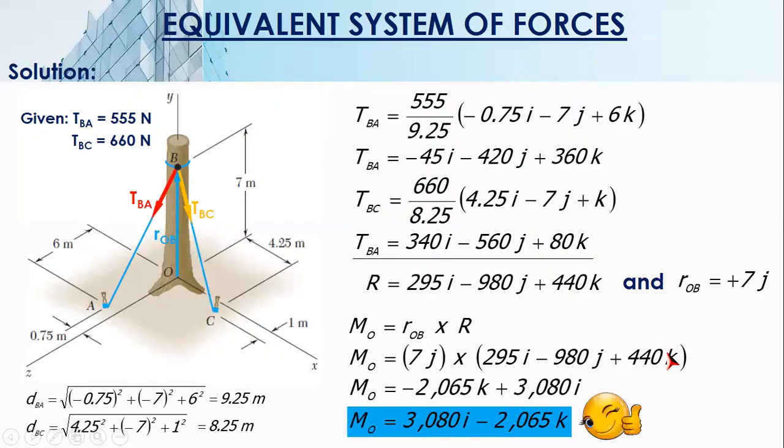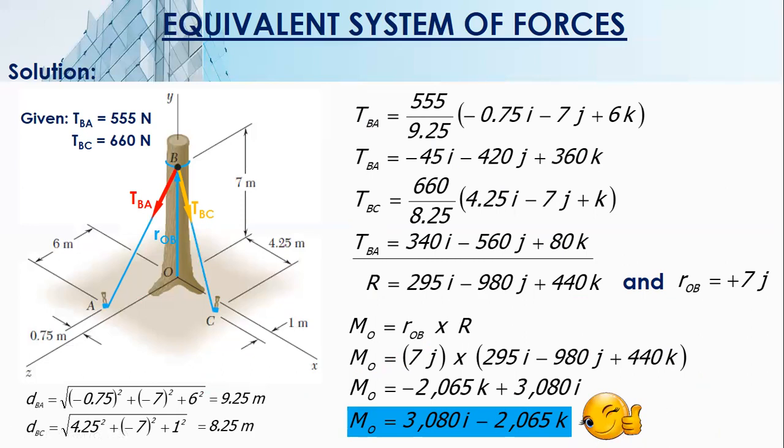So that's it. Problems in 3D are not that difficult if you have mastered the distances. In 2D, if the force is inclined, expect the perpendicular distance to be inclined also.